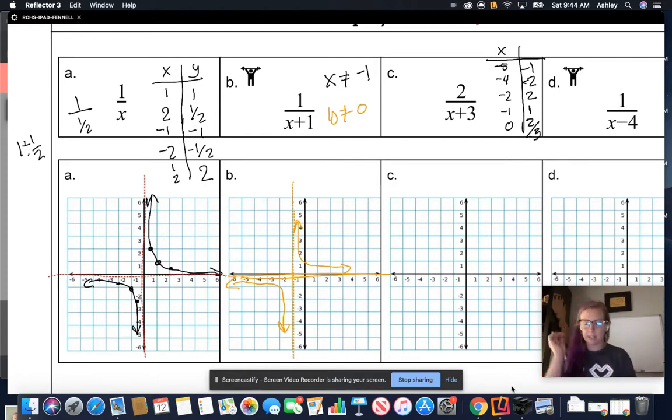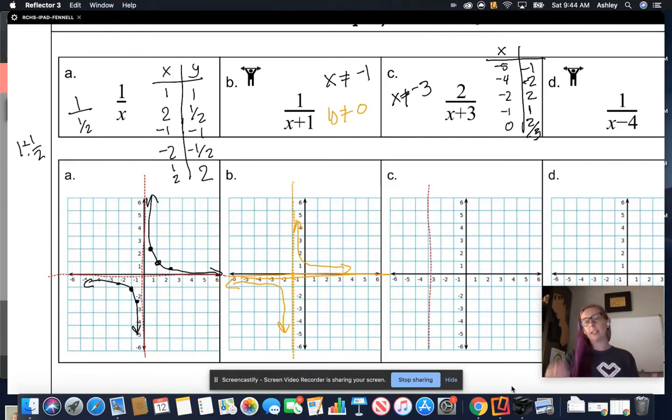Okay, so let's graph this and see if we can tell a difference between this and the other examples we've had. First of all, I do want to identify my asymptotes. X cannot equal -3. That's why I skipped it in my table. X cannot equal -3 because it's undefined at that location. So we're going to put in our asymptote at X equals, oops, wrong one, that would be +3. We want an asymptote at X equals -3. X equals -3 is our asymptote here.